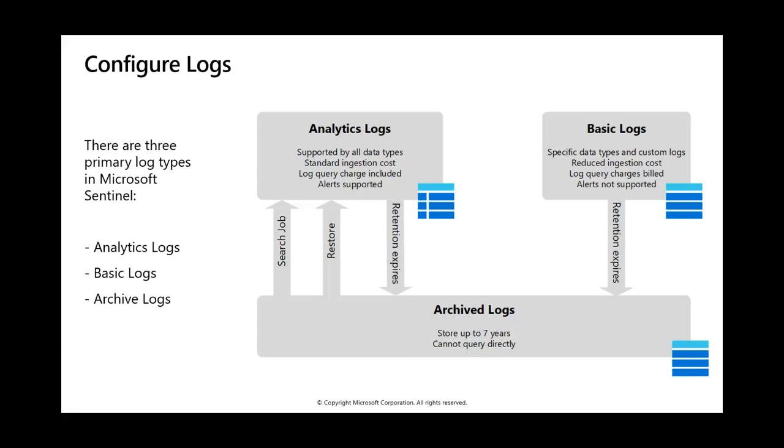We can set the retention time to balance our requirement for having data available with reducing our cost for data retention. And to access archive data, we must first retrieve some data from it into an analytics log table using one of the following methods: a restore or a search job.